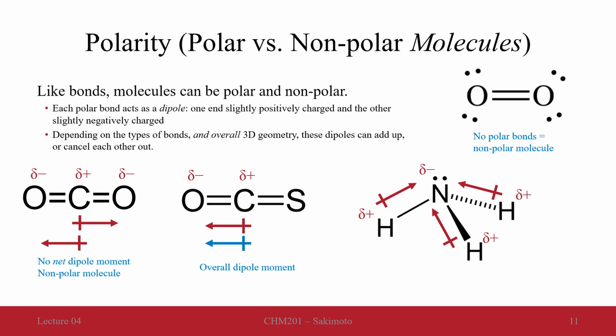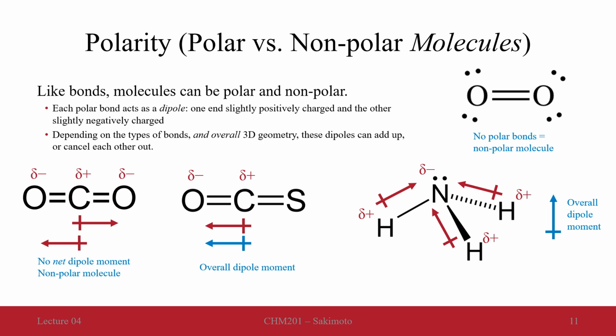In three dimensions, we think of each of these N-H bonds as pointing up towards the nitrogen, giving an overall polar dipole moment that points up from the hydrogen side to the nitrogen side. Different molecules with different 3D arrangements of their polar bonds are going to either cancel out, such as carbon dioxide does, or add up together, as in the case of ammonia, giving us an overall non-polar versus polar molecule.